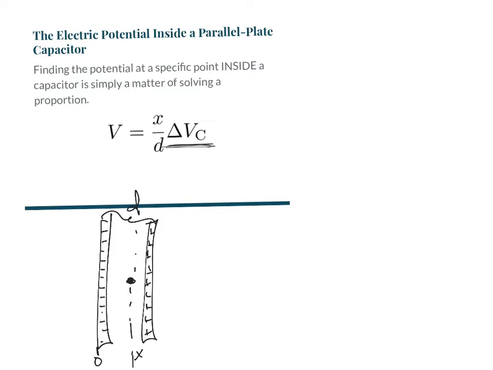So to find the potential difference across those 2 points, you just have to do a proportion.